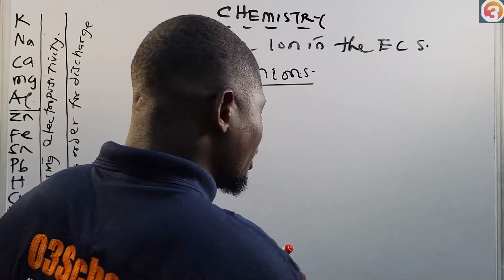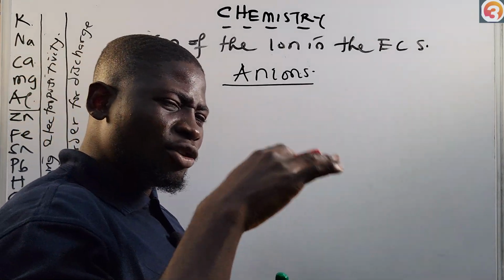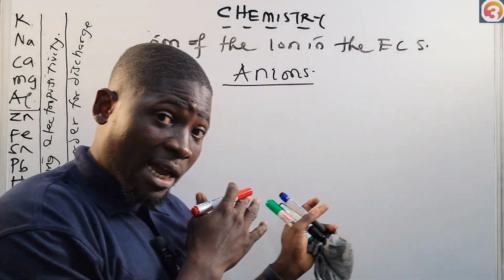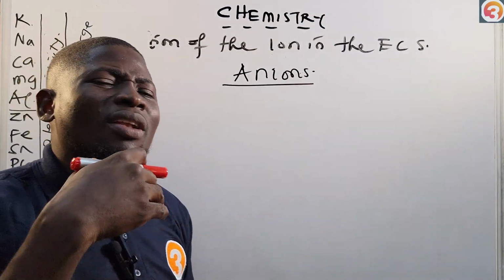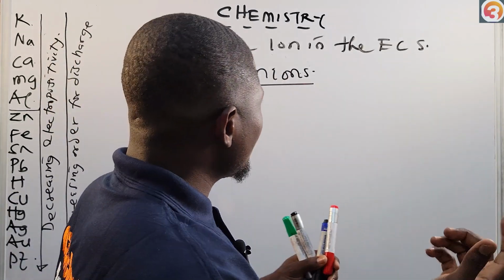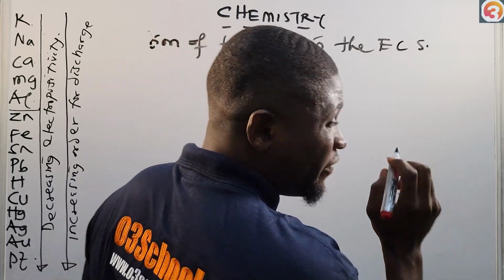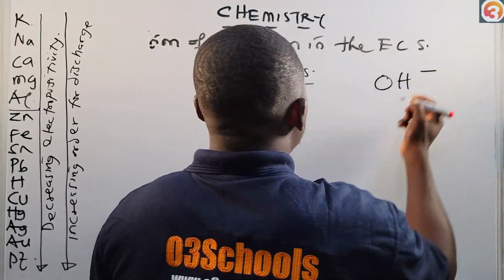Now for the anions, the higher the ion in the electrochemical series, the more likely it is to be discharged. Let's look at the anions first. The first ion for the anions is OH minus.